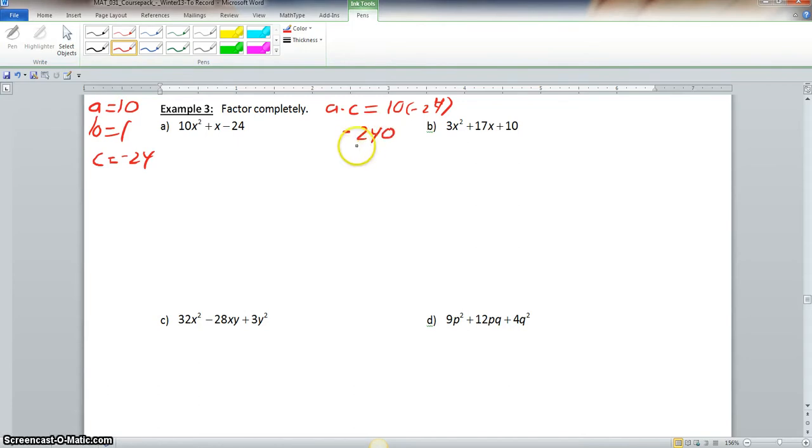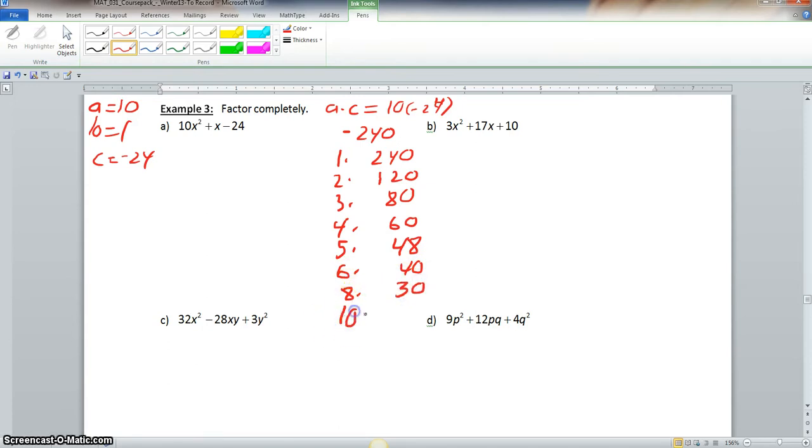Now we find the factors of 240, which are 1 and 240, 2 and 120, 3 and 80, 4 and 60, 5 and, let's see, this would be 48. And then we have 6 and 40. We have 8 and 30. We have 10 and 24, not 10 and 14.